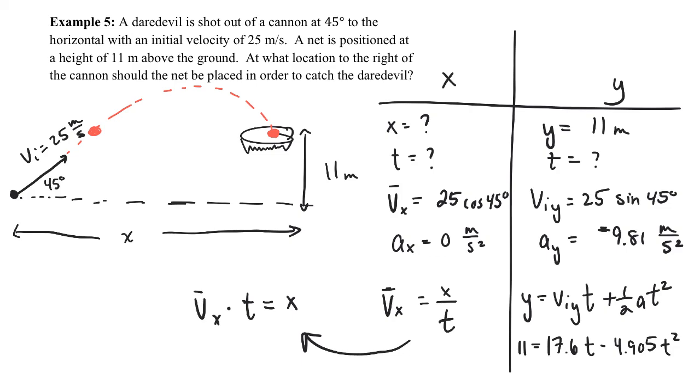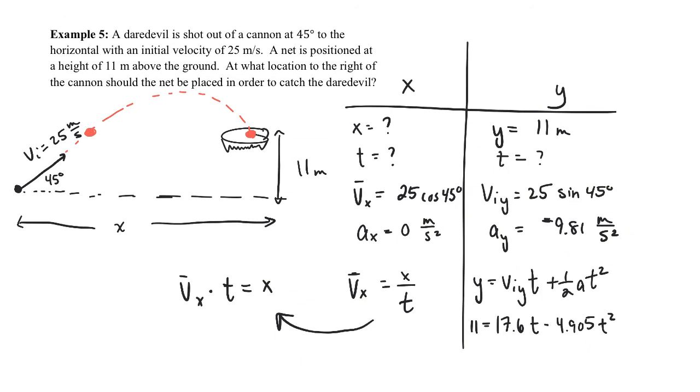This value here is 17.6. Hey, by the way, this is also 17.6. That's not a coincidence that these are both 17.6. It's because of that 45-degree angle. So you can solve for time with the quadratic formula or by quadratically on your calculator. Take the answer for time, the larger of the two answers, because we're trying to find the second time. Plug that in here to get x.